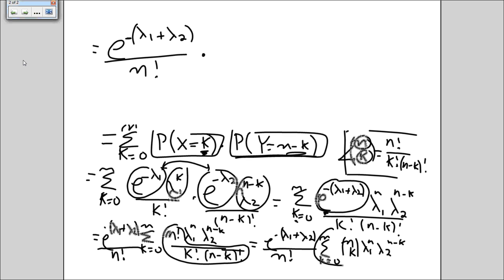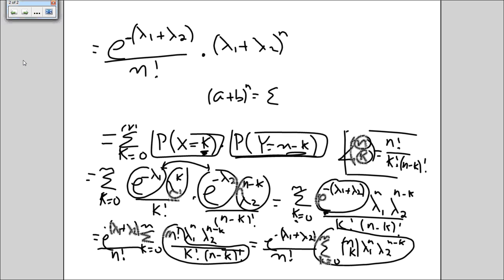But this summation is nothing more than lambda 1 plus lambda 2 to the n. Remember, a plus b to the n is the summation as k goes from 0 to n of n choose k times a to the k times b to the n minus k.